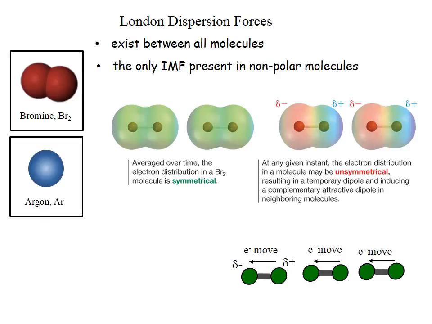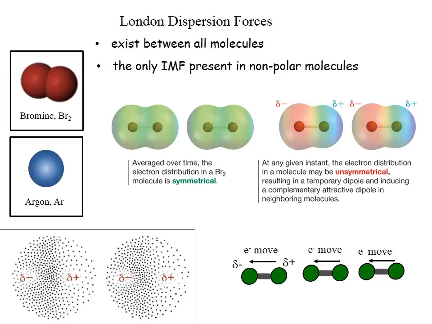And this is your book's description, which looks pretty good too. So again, on the left we have our electrostatic potential mapped over the ball and stick model of bromine in this case. And then the electron distribution will move around, which generates this temporary dipole, and it induces a dipole in an adjacent molecule.